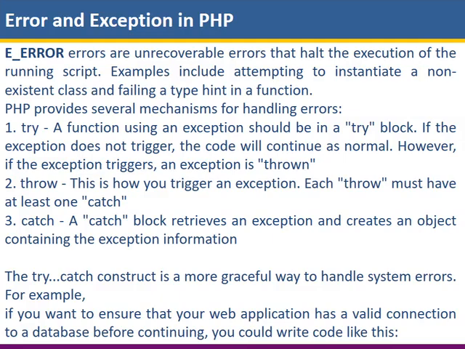We have examples for it. Examples include attempting to instantiate a non-existing class and failing a type int in a function. Another example is calling a class that doesn't exist, maybe the class does not exist in the file or in memory, and you are calling it.